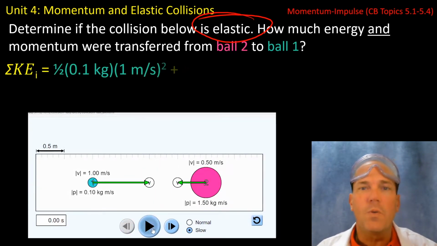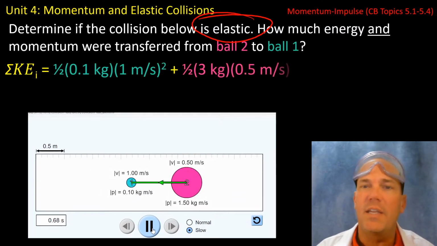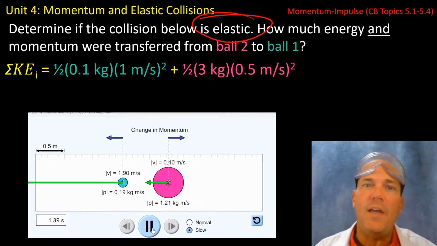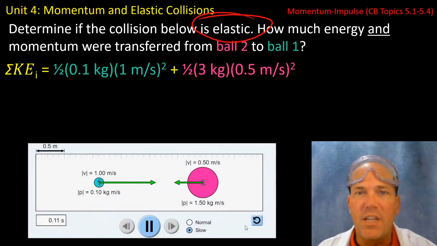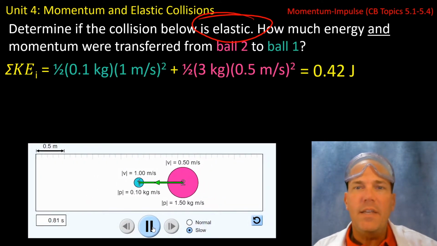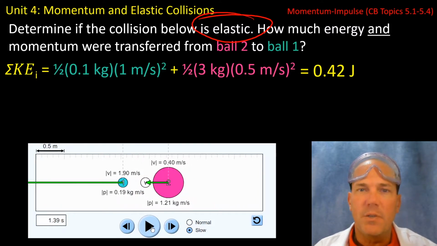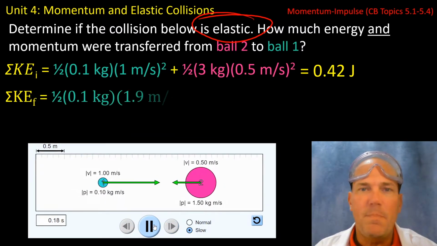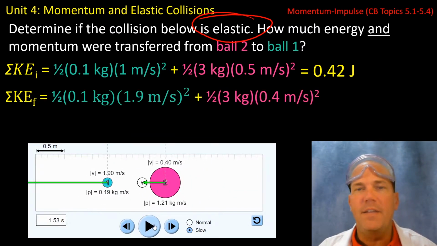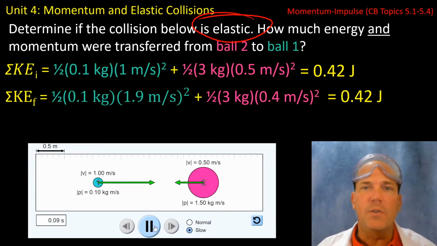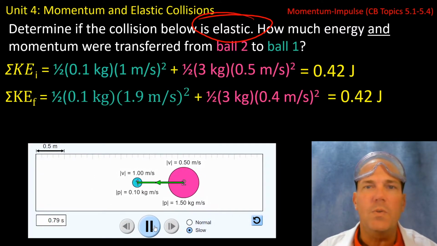In other words, we're going to sum the initial kinetic energy, putting in the respective values for both mass and velocity. Before the collision, we can find the kinetic energy of the system to be 0.42 joules. And employing this same methodology after the collision, we can find the kinetic energy for the system to again be 0.42 joules.